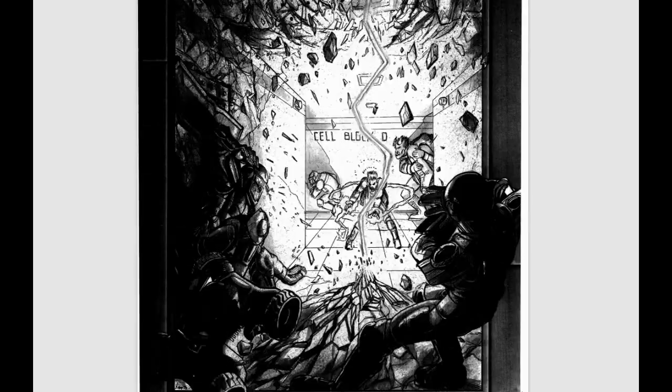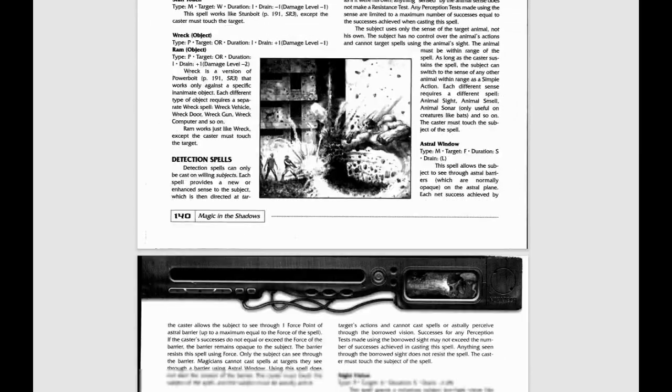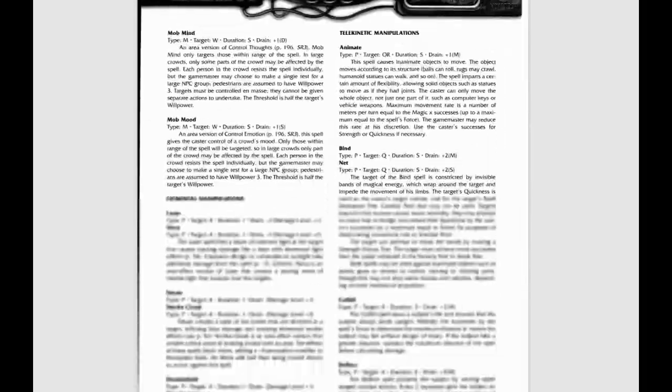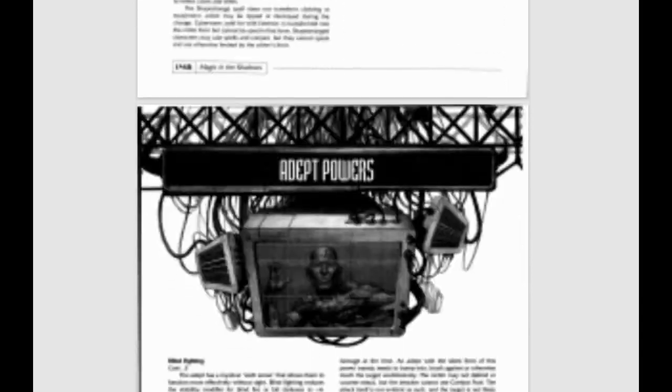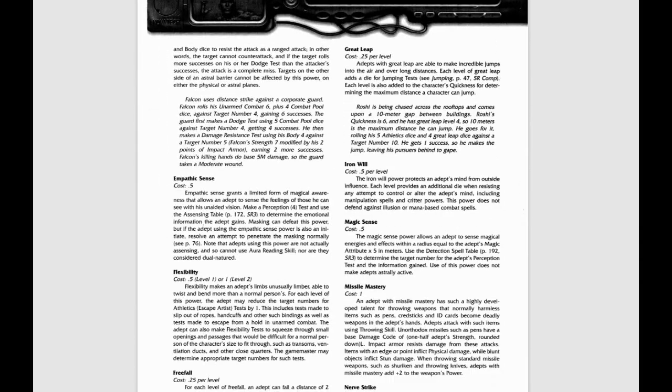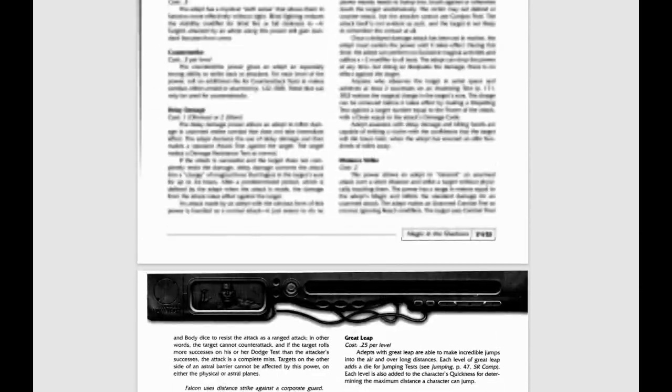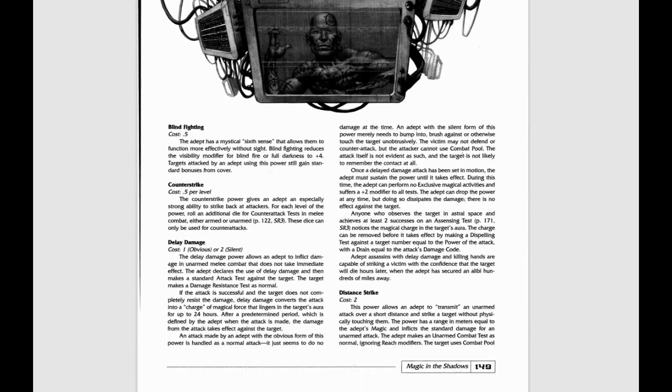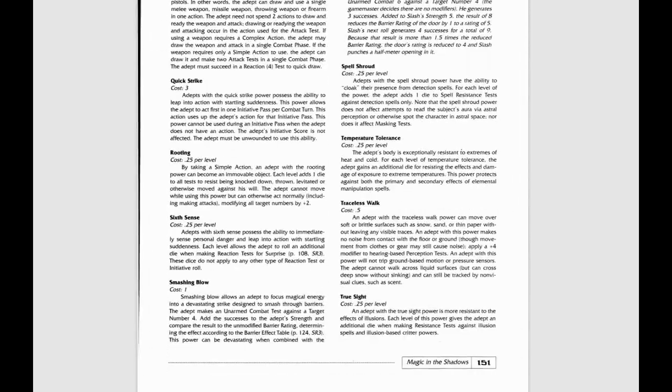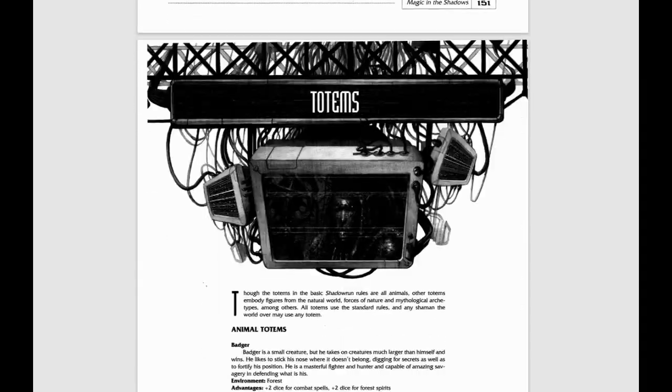Stats for everything as well, for the insect spirits right here, all the different ones. And then you've got the Grimoire, which essentially has new spells in it, but it also has some older spells as well. You've got adept powers, new adept powers, as well as I believe some of the previous powers.